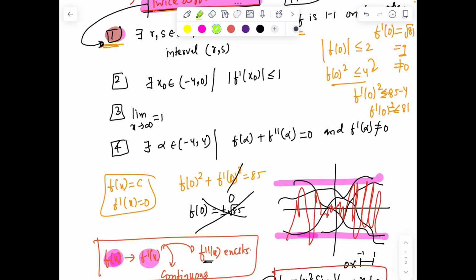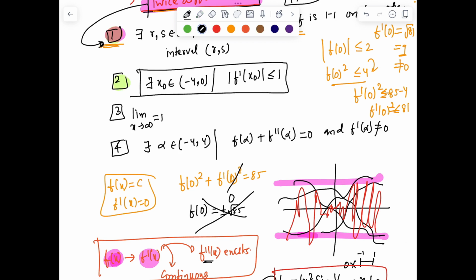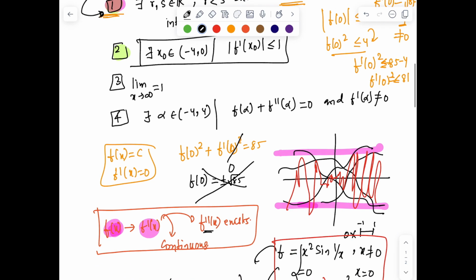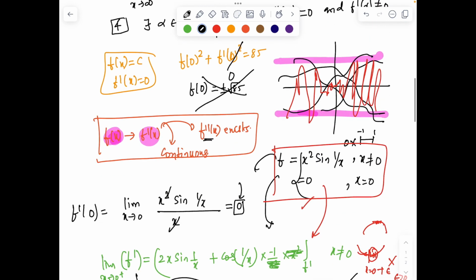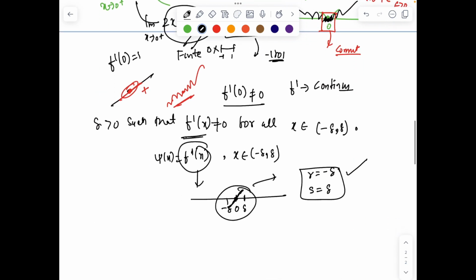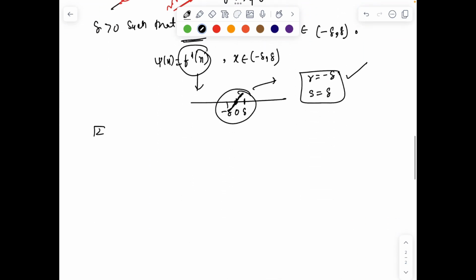Let's come to the second part of the question, and it's fairly simple because there exists some x naught from minus 4 to 4 such that mod of f dash x naught is less than or equal to 1. So the existence part gives a hint for using Lagrange's mean value theorem. For the second part, we have an interval minus 4 to 0.